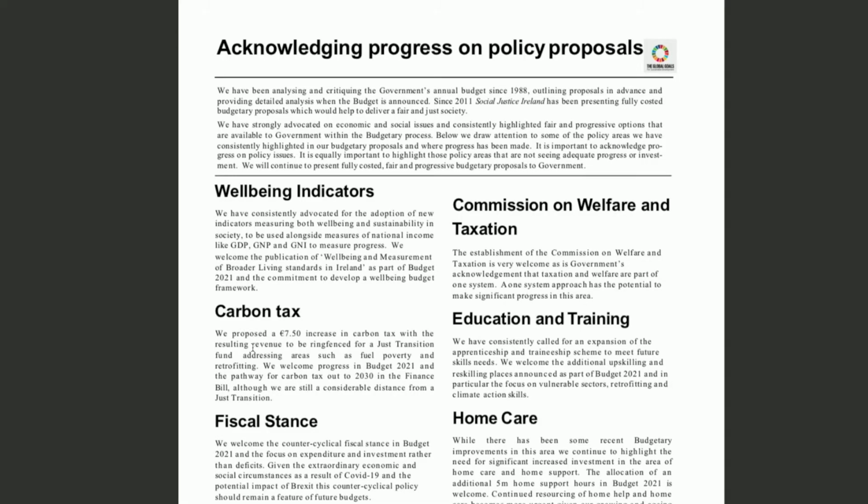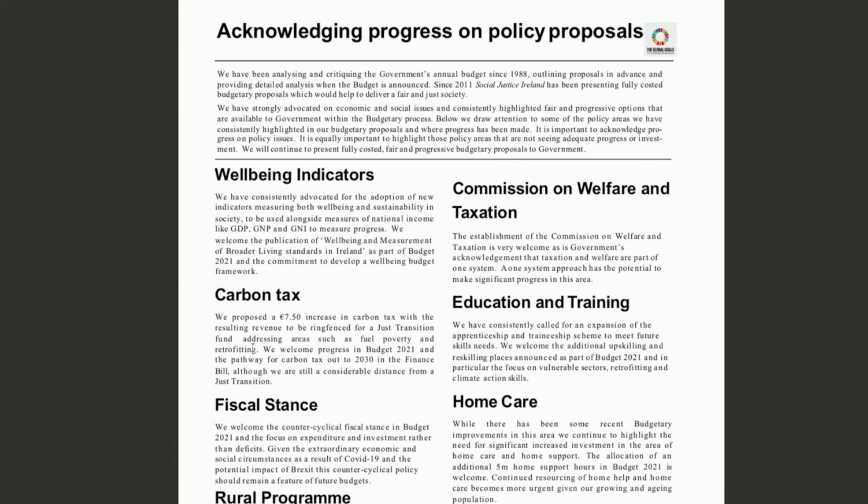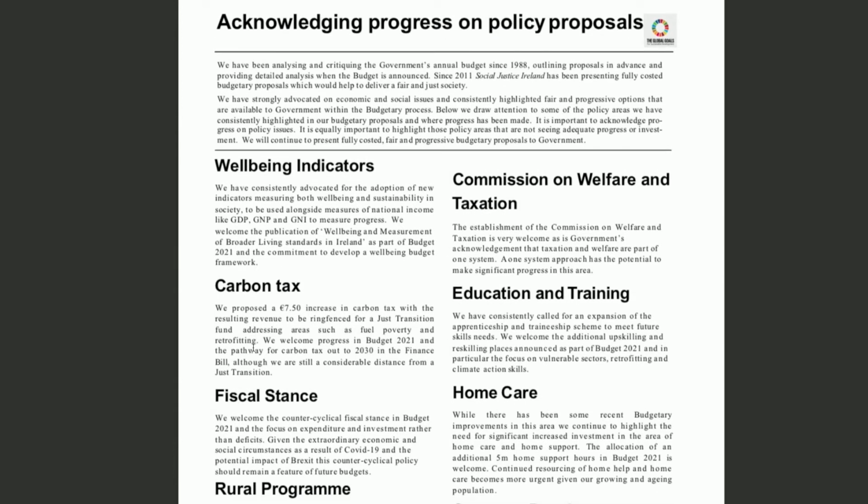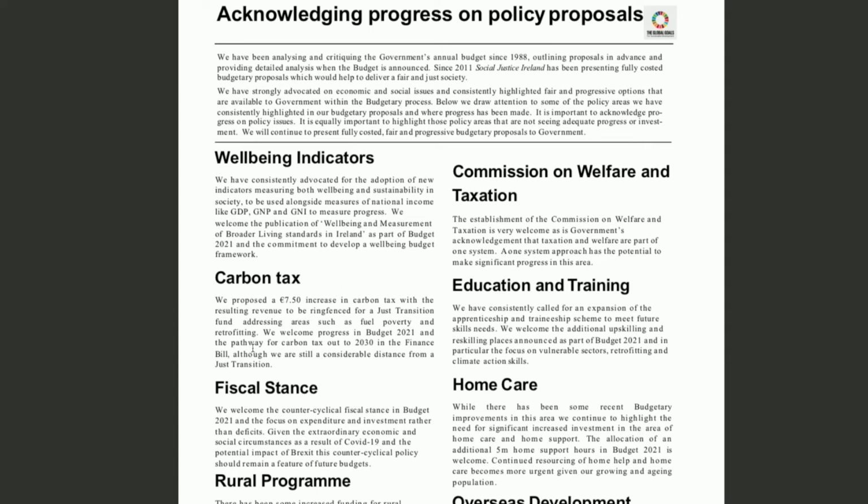Thank you, Michelle. So I want to start off, on page 22, drawing attention to some progress that was made on a whole range of policy proposals that we included in our policy briefing on budget choices that we published some time ago, in which we were advocating what should be done in the budget. We have, as Social Justice Ireland, consistently advocated for the adoption of new indicators to measure both well-being and sustainability in society, and that these should be used alongside the other measures like GDP, GNP, and GNI star, all these things that economists use.